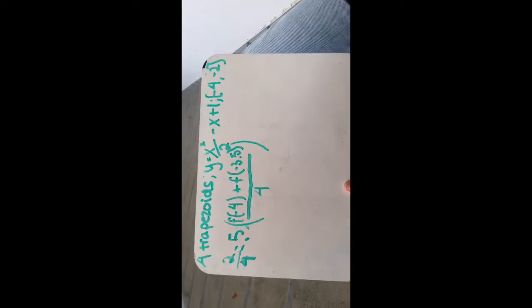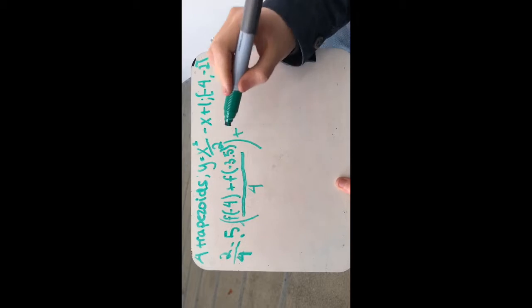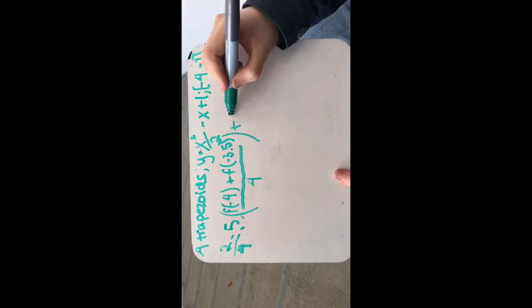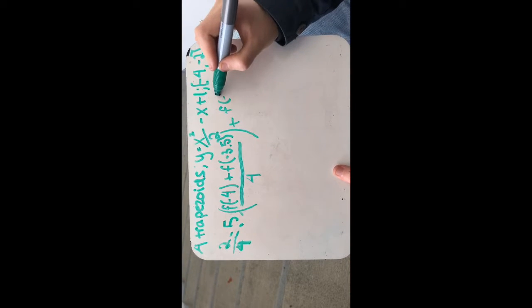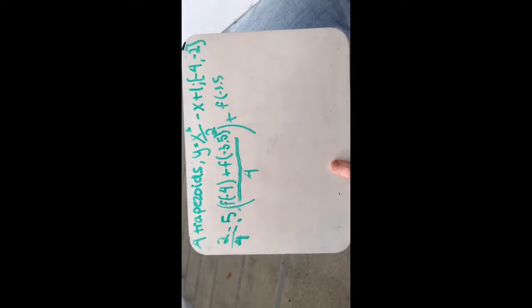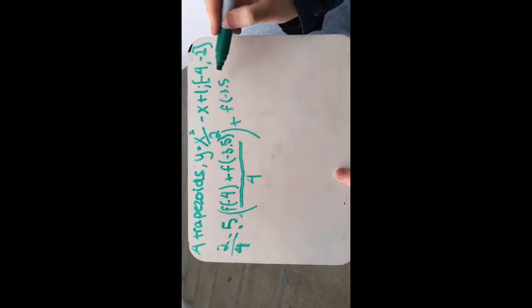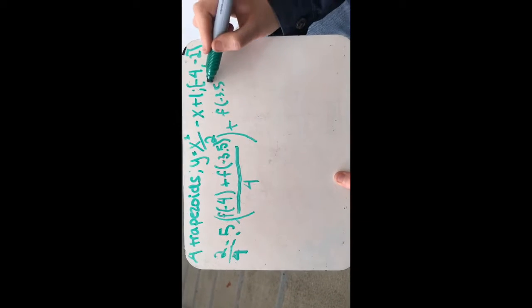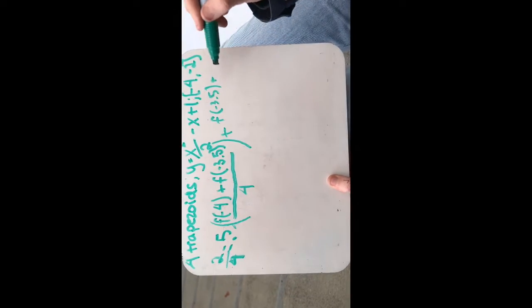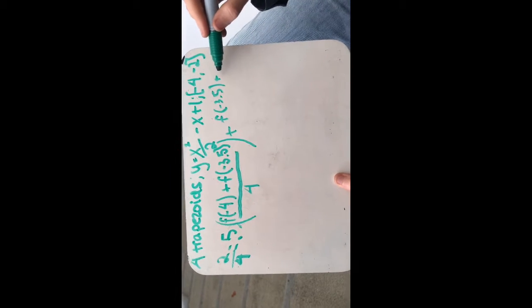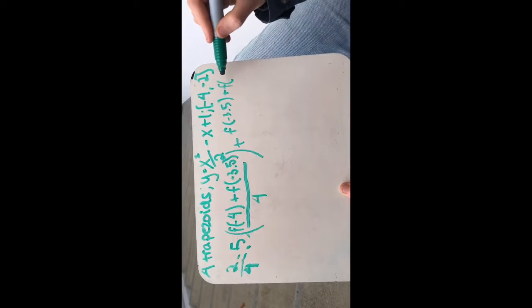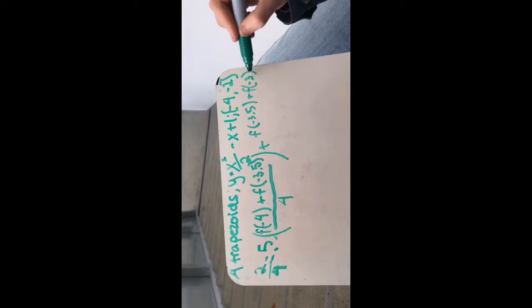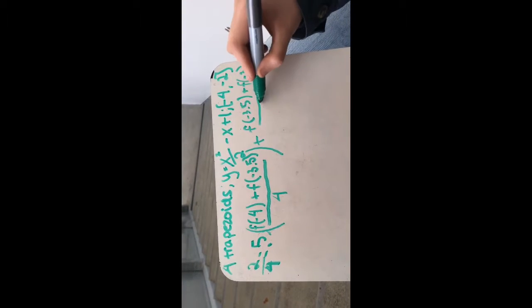So that's one of them, plus f of -3.5 plus f of -3, and then divide that by 4.